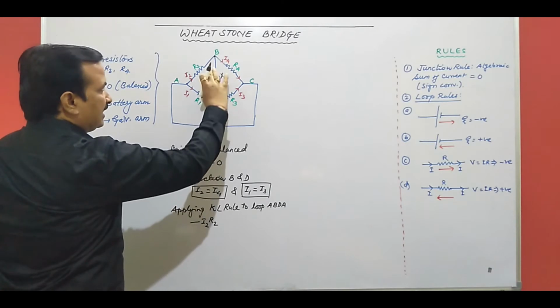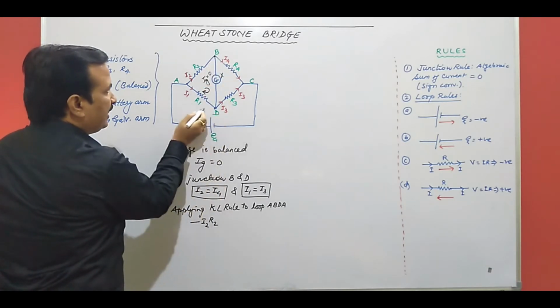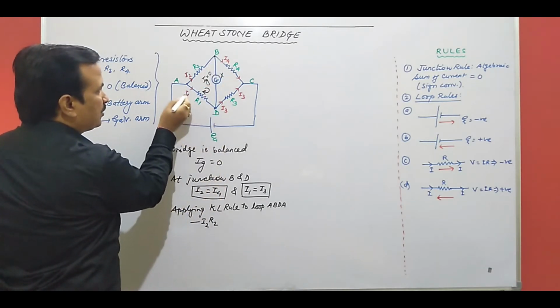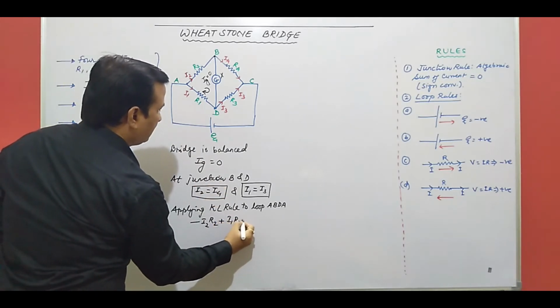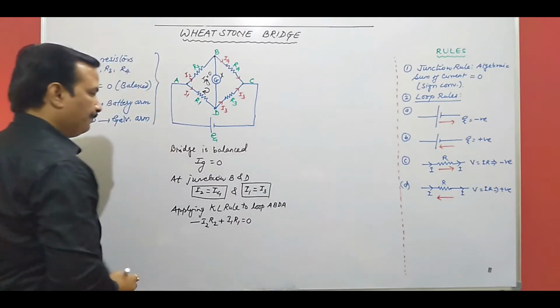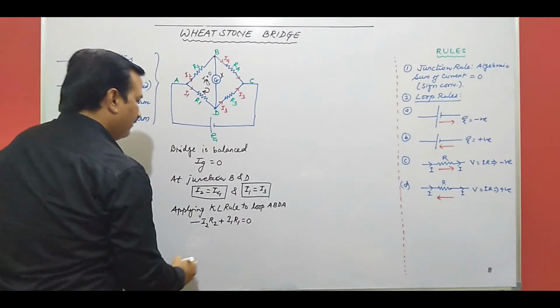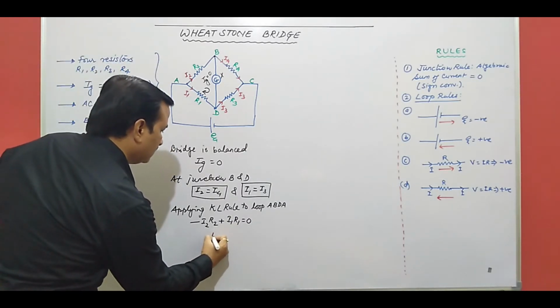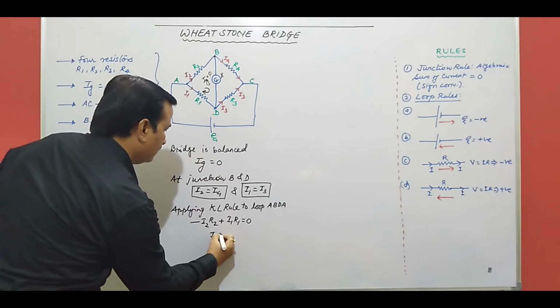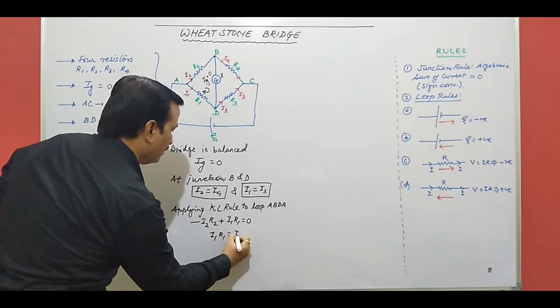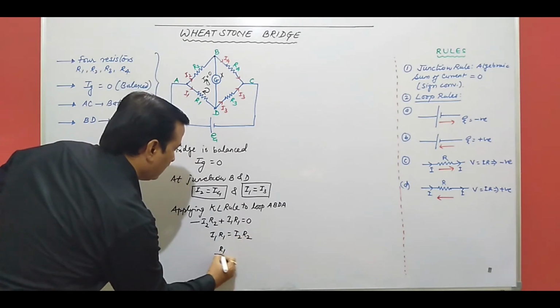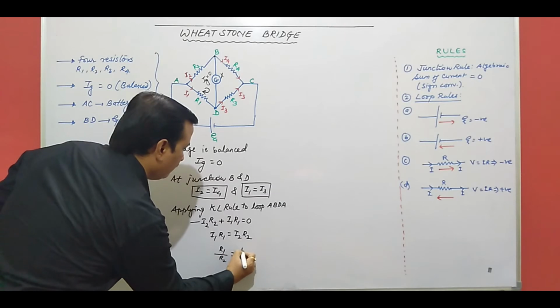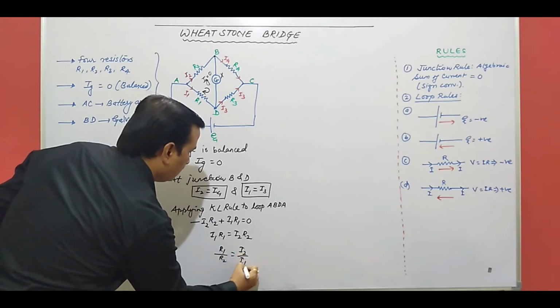Then we come here, there is no current. Now we come to D, and this side we are going opposite to I1, so plus I1 R1 equal to 0. So this will give you I1 R1 equal to I2 R2, or we can write R1 upon R2 equal to I2 upon I1.